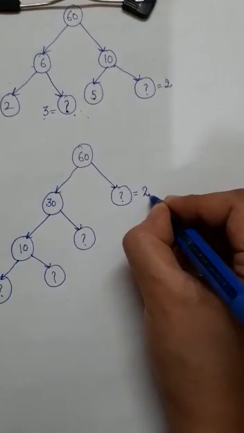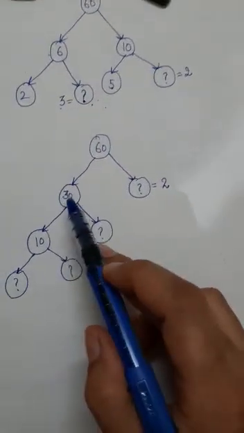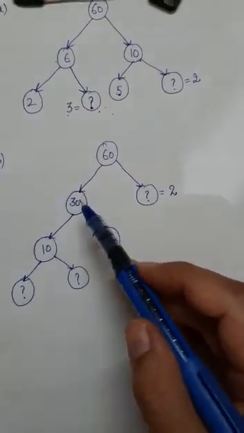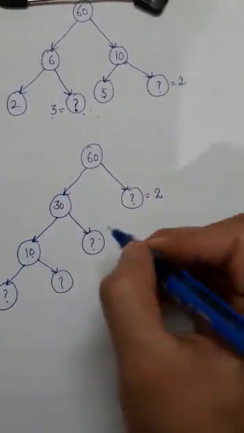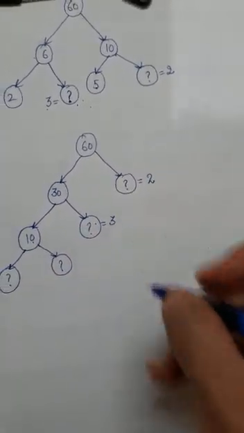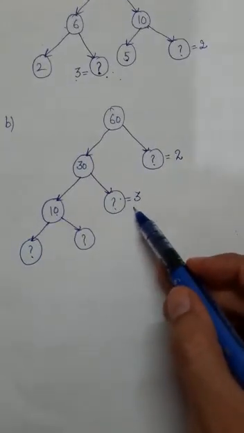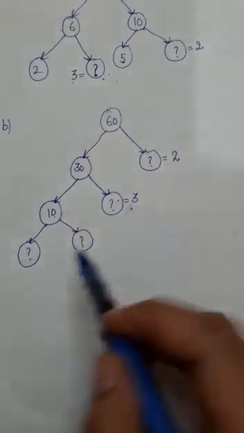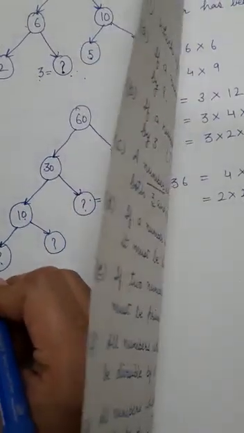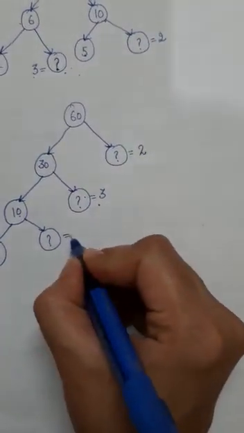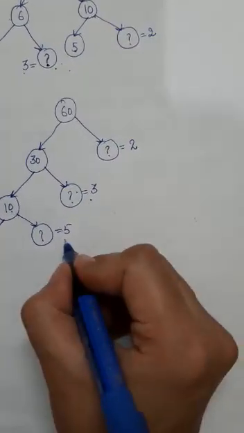So this question mark will be replaced by 2. Now this 30 we have to further factorize as 10 threes. Now 3 we can't factorize further. Now 10 can be factorized as 2 fives, because we want prime numbers.